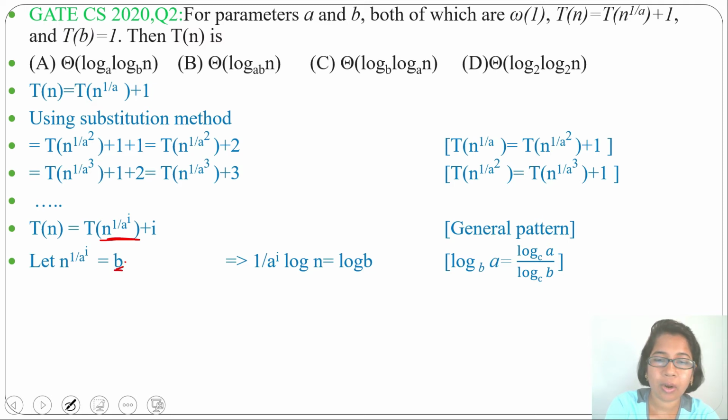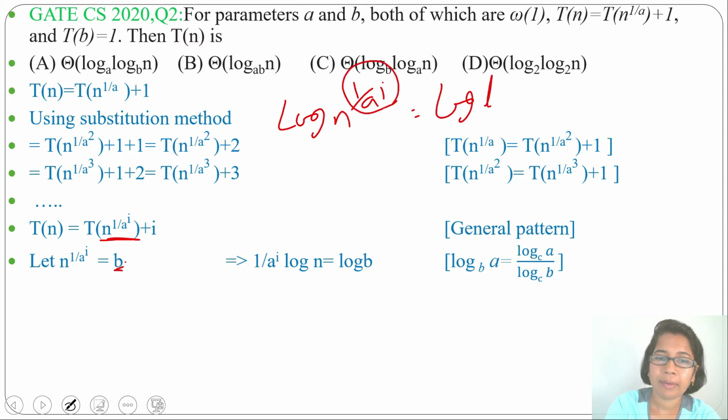We can take log on both sides. After taking log, n power 1 divide a power i equals log b. Next, we can take this to the left side, so 1 divide a power i times log n equals log b.